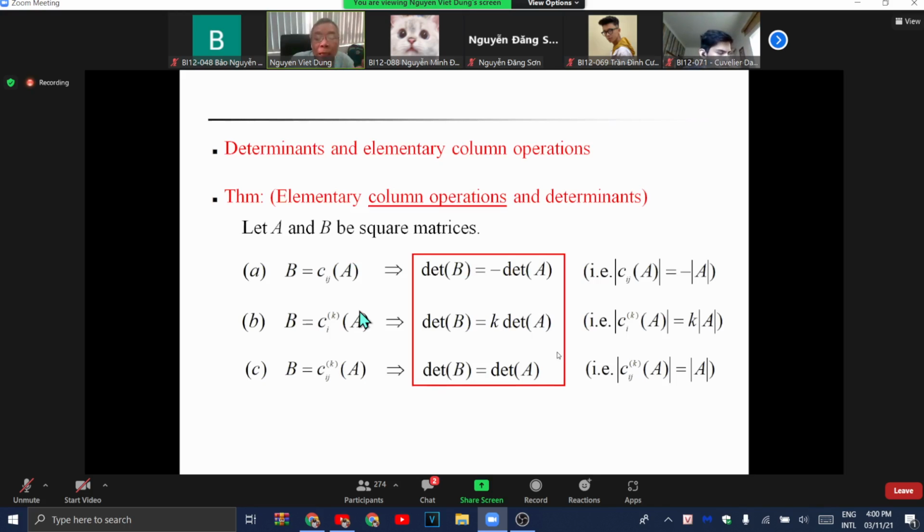That is a property we are going to use in computing the determinant of any square matrix.